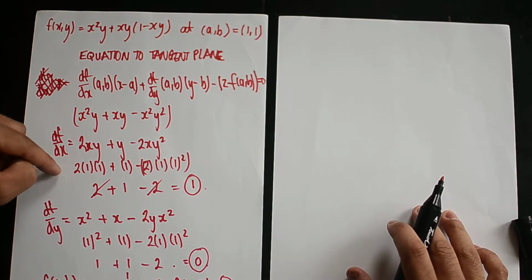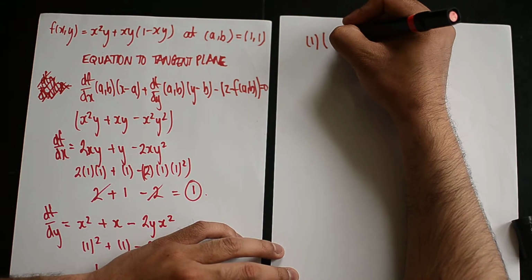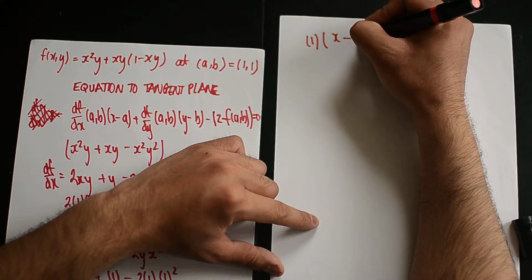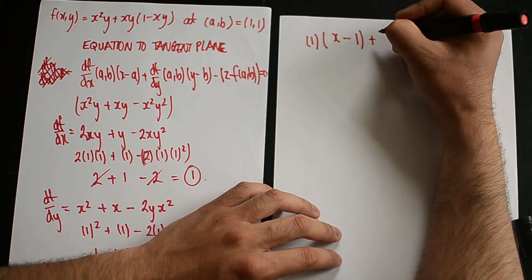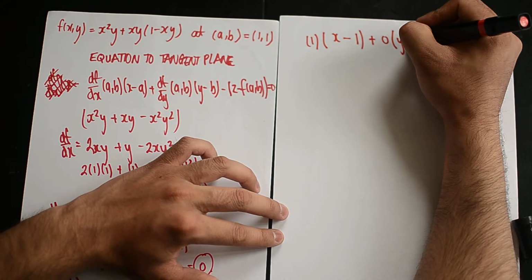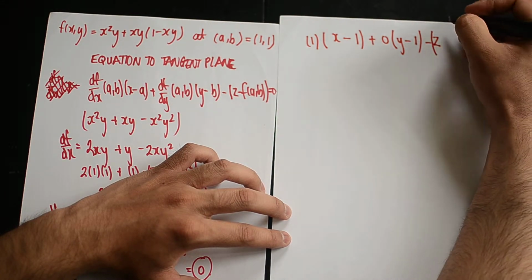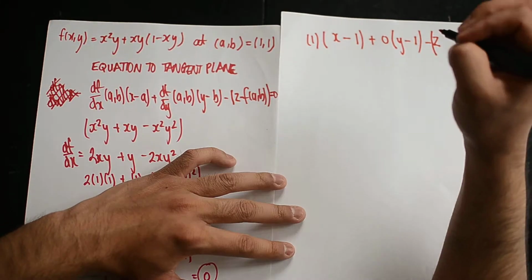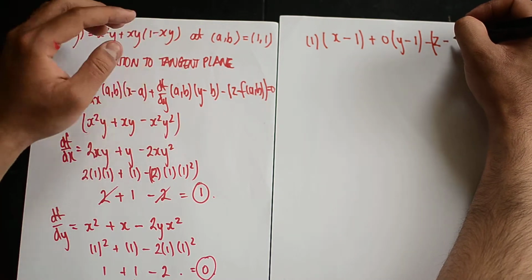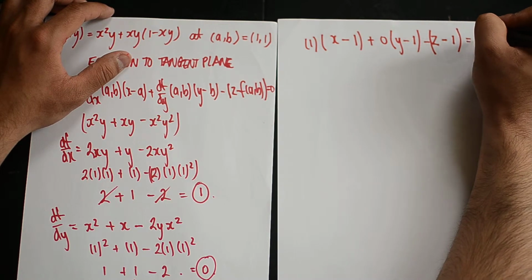So I've got df/dx (a, b), which is 1, multiplied by x minus a, which is x minus 1. It says here (a, b) is (1, 1). Plus df/dy, which is 0, and y minus b, which is y minus 1. Minus (z minus f(a, b)), remember the brackets with a minus, you must always remember the brackets, which is minus z minus 1, equal to 0.